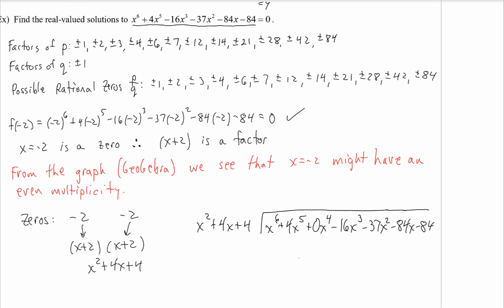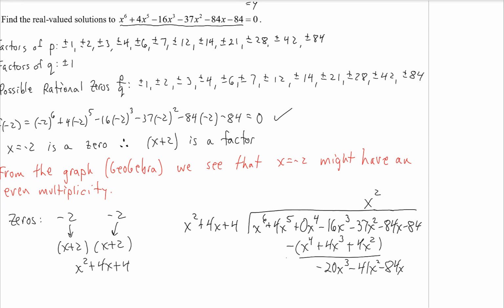All right, so we get x squared. Then we subtract, let's see, negative 20, and then minus 20x.